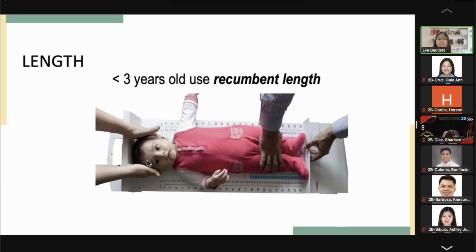One is holding the head against the headboard and straightening it. The infant is looking up at the ceiling. And look at this here. We straighten the knees, and it's the heel that touches the board, not the tip of the toes, because they will move forward. So we measure the length based on the heel and the head on the other end of the infantometer.